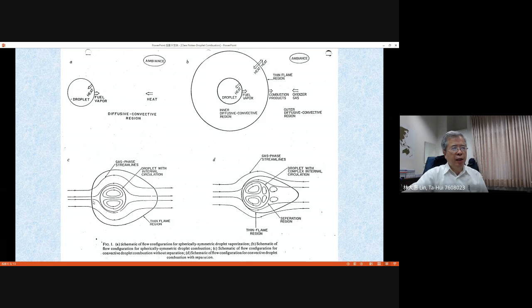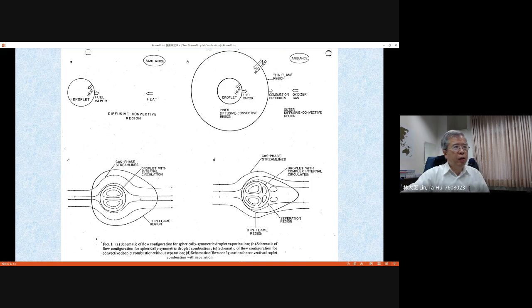This tells you they experience a strong convection, and this flow convection will push your diffusion flame closer to your spherical droplet surface, compared with the original spherical diffusion flame. And on the downstream side, the distance between the liquid surface and the diffusion flame is enlarged. This is just like the increased flame length of the diffusion flame, the tail.